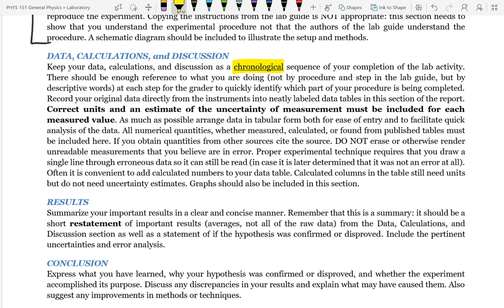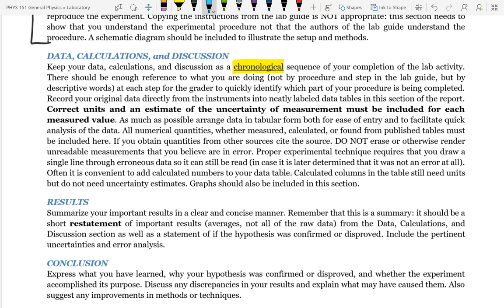That is, you should just go through and have things in the order you do it. So you do something, you write it down. Do something else, you write it down. You just keep writing as you do things. You don't do a bunch of stuff and then come back and try to write it later. So when you take data, you write the data as soon as you take it. That way it doesn't get lost.